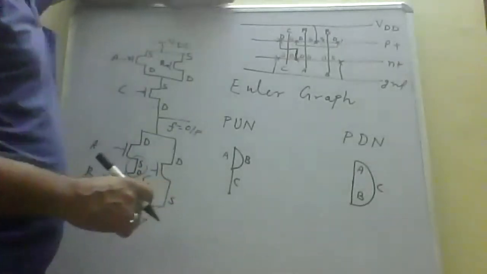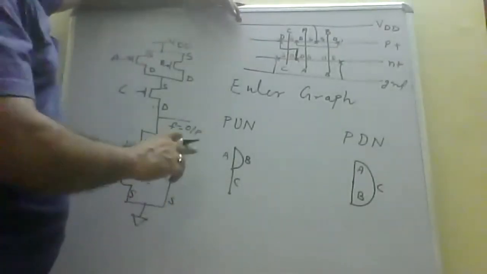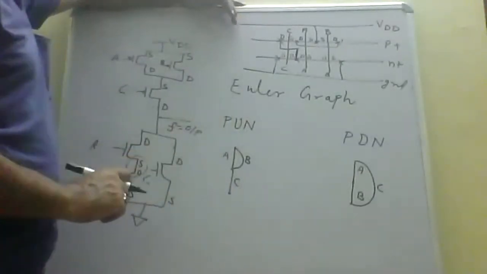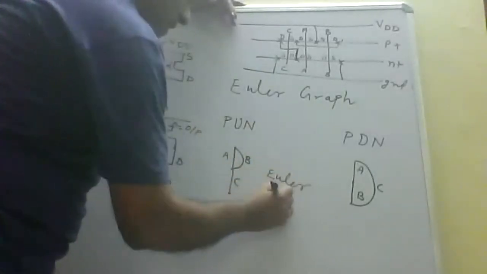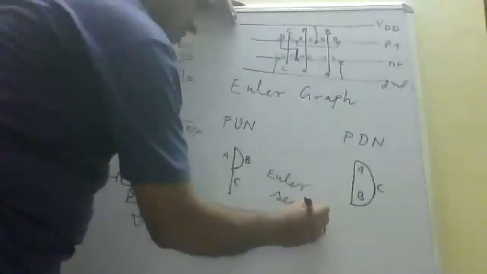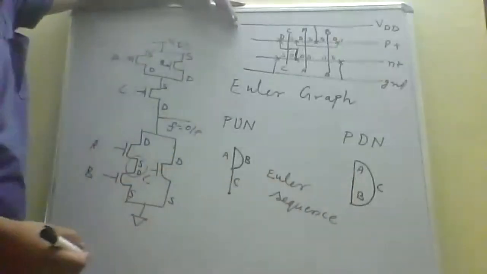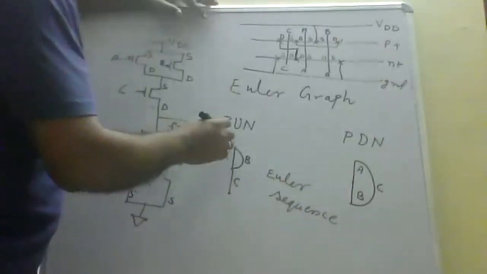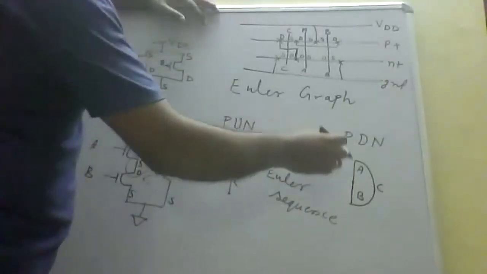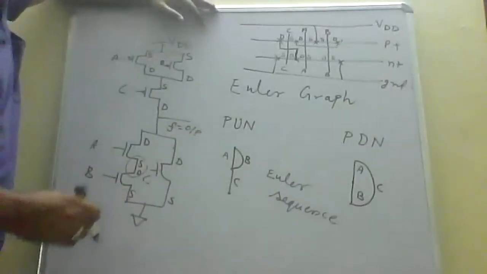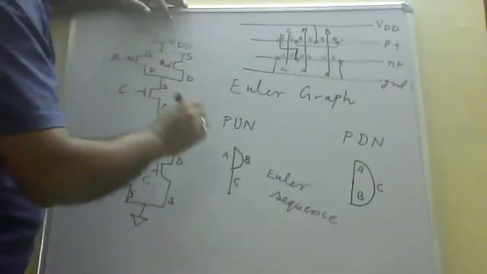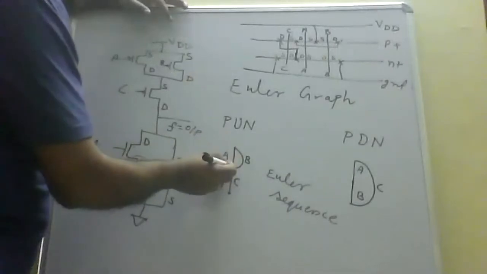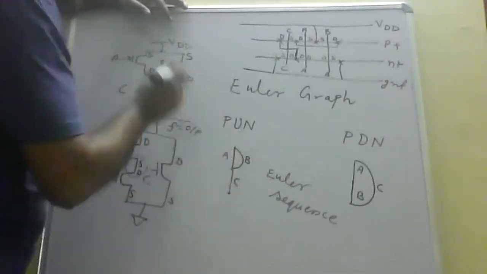Basically, we have to find a sequence in both the pull-up and pull-down network that is known as the Euler sequence. And this Euler sequence is that sequence which is the same for pull-up and pull-down network. And this sequence does not involve the repetition of the branch.